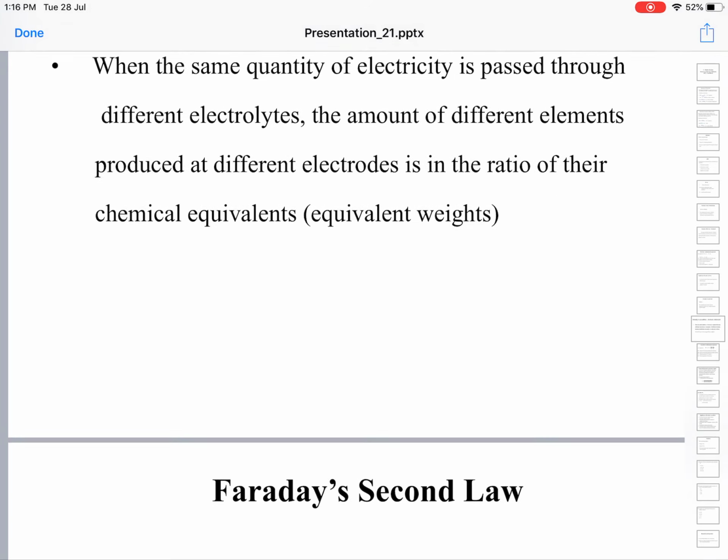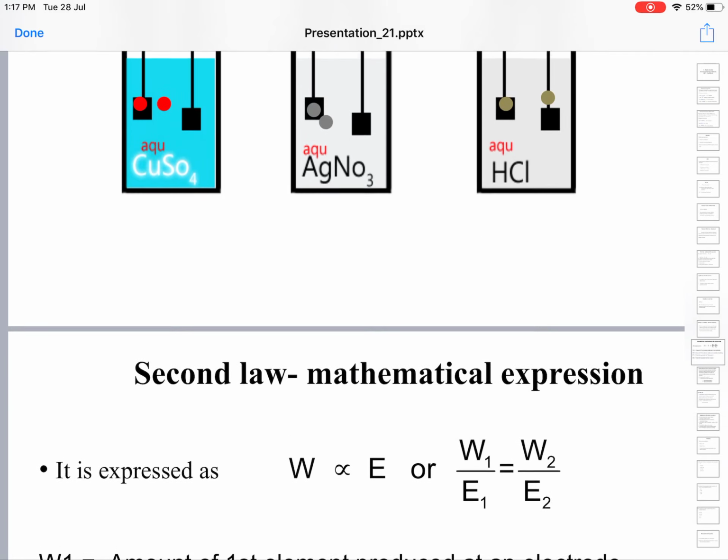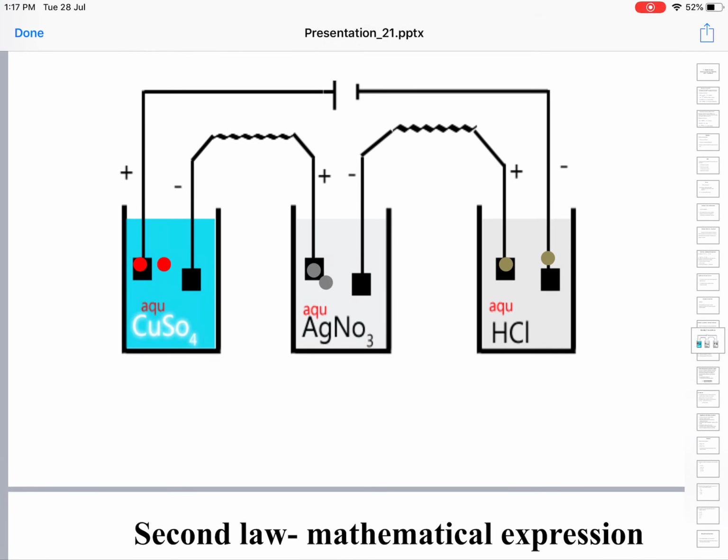Okay, let's see an experiment. Three electrolyte solutions are connected in series: copper sulfate, silver nitrate, and HCl, and the same quantity of electricity is passed through them. 31.75 grams of copper is deposited, 108 grams of silver is deposited, and only 1 gram of hydrogen is liberated.